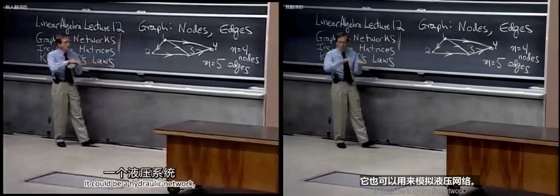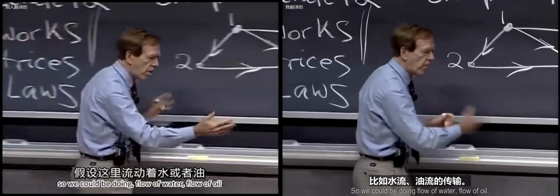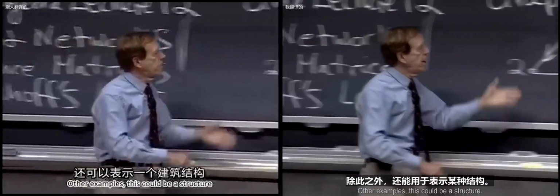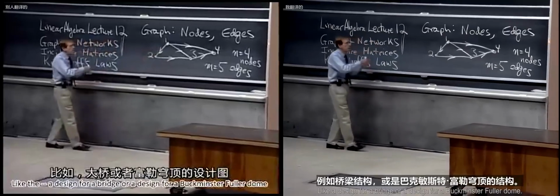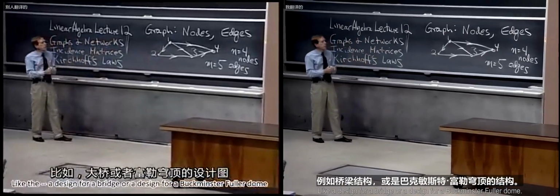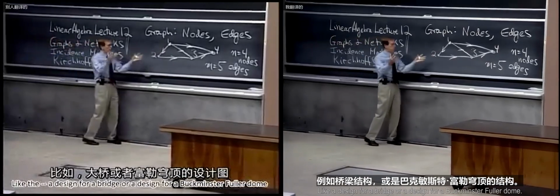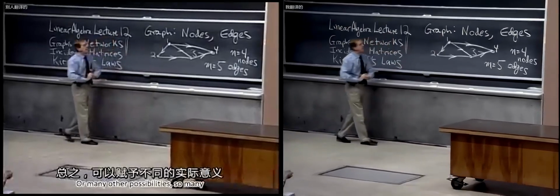It could be a hydraulic network. So we could be doing flow of water, flow of oil. Other examples, this could be a structure, like a design for a bridge or a design for a Buckminster Fuller dome, or many other possibilities. So many.